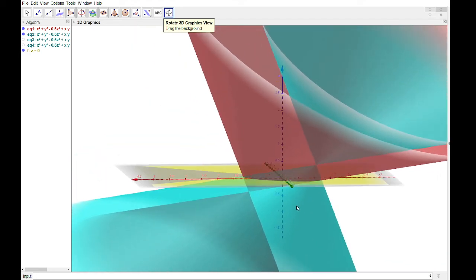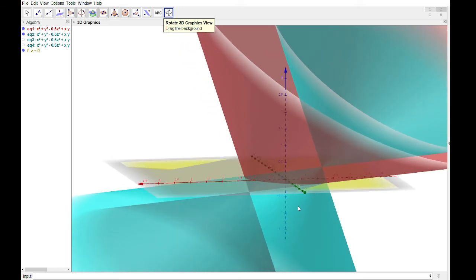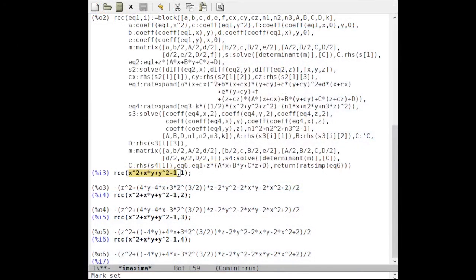And two of the cones that intersect it in the plane that are right circular. Yeah, so the four equations we easily get by taking the first four solutions of the system we specified in the function right circular cone.